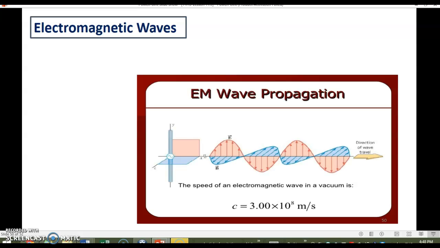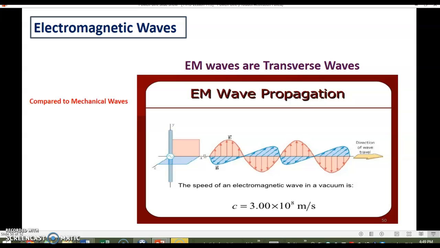The electromagnetic wave propagation. As you can see here, an electromagnetic wave is a transverse wave. It is composed of two parts, electric field and the magnetic field. That's why it's called an electromagnetic wave. Where did the electric field come from?